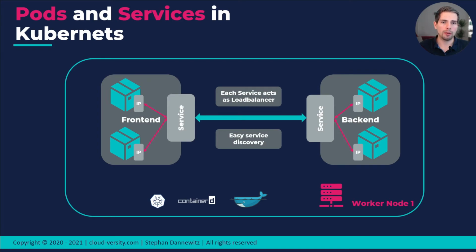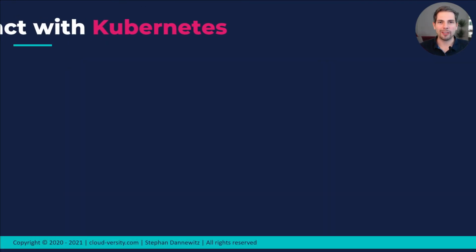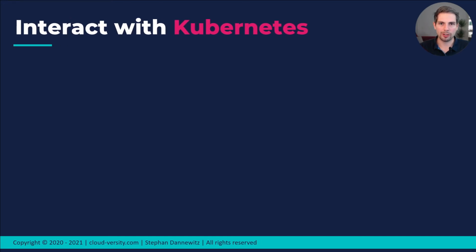It's also there for easy service discovery, because you can use the service name to identify parts of your application. You do not need to keep track of any IPs. And by the way, the IP of the service is persistent as long as the service exists. That's a great feature of Kubernetes as well. I mean, you have a load balancer in it. That's cool.